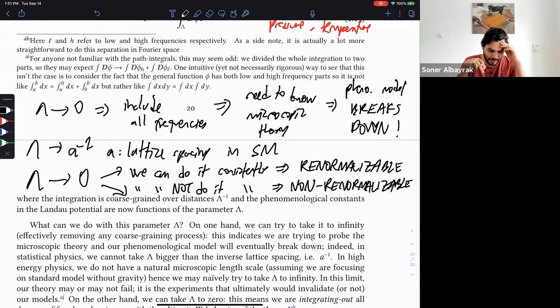By the way, maybe I should write this as lambda minus 1. Lambda is like a cutoff in momentum space. So whether we can take lambda minus 1 to 0, meaning that we can consider all details in position space, or all high frequencies in momentum space, depends on whether the theory is renormalizable or non-renormalizable.